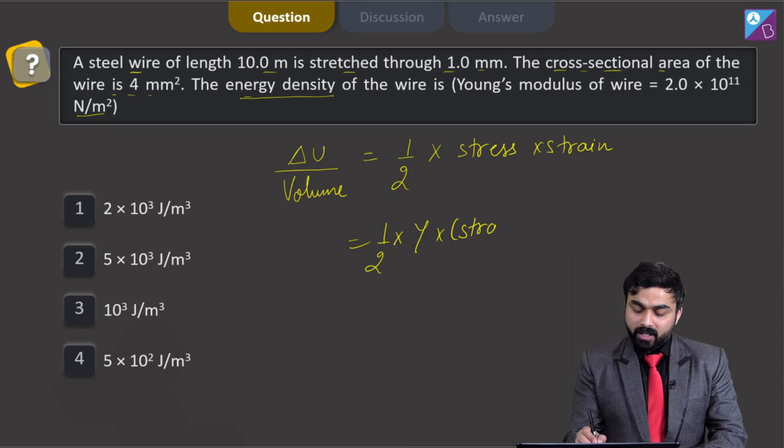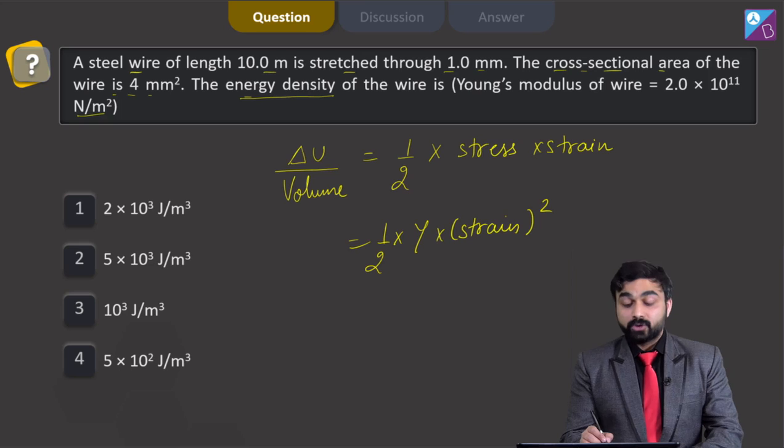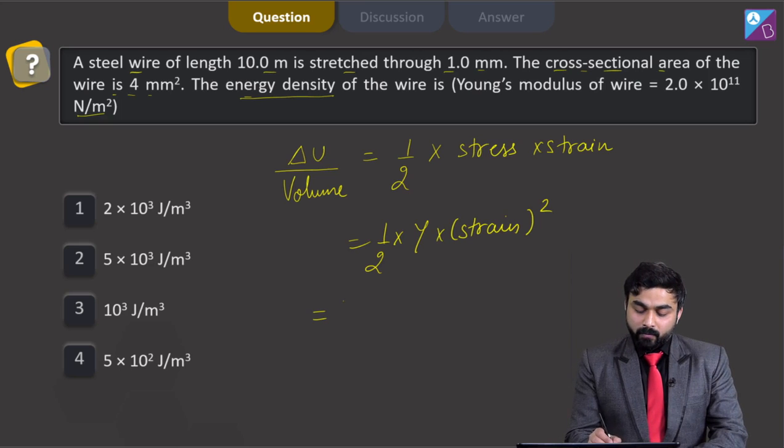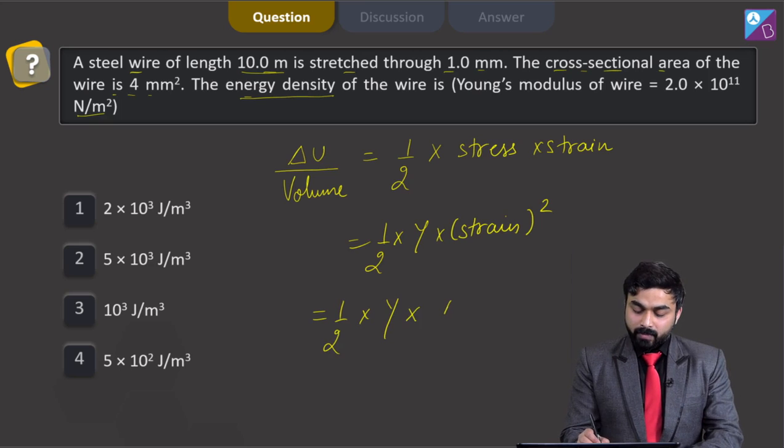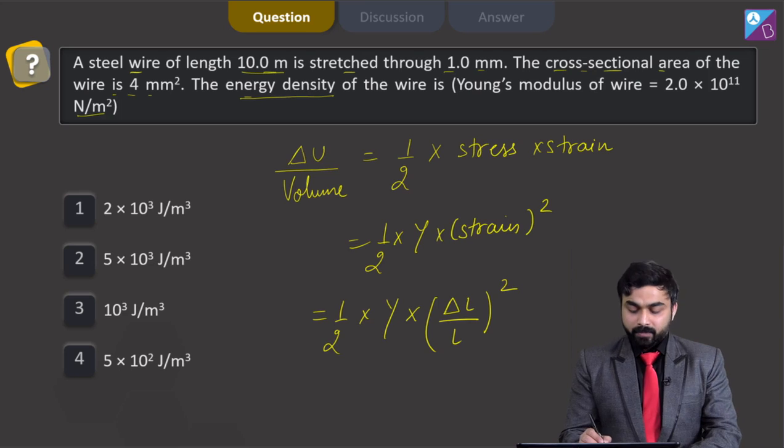So this relationship will become half into Young modulus into strain square, which I further can write half into Young modulus into delta L over L whole square.